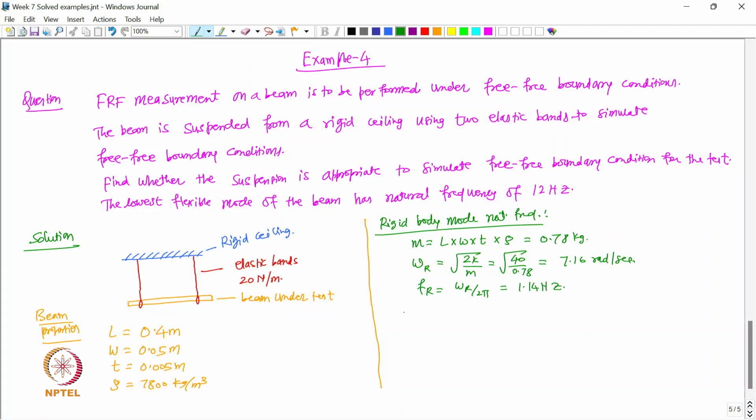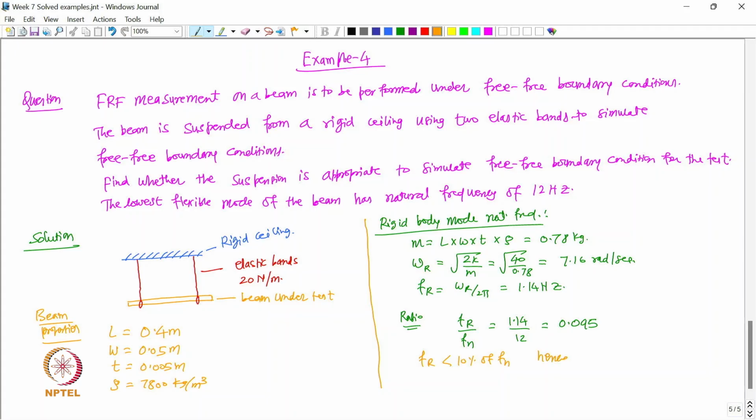So, the ratio of Fr with the first flexible natural frequency Fn is around 1.14 divided by 12, which is around 0.095. This essentially means that Fr is less than 10% of Fn, and therefore, this suspension with this stiffness can be considered suitable for simulating free boundary condition for the test.